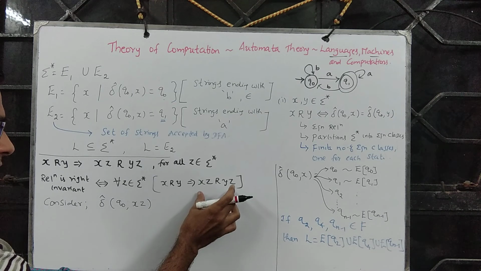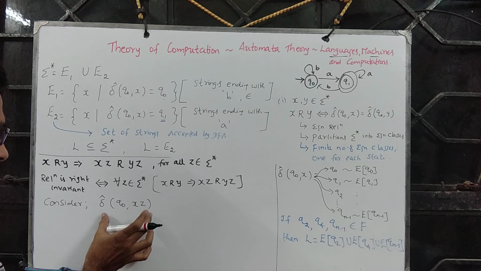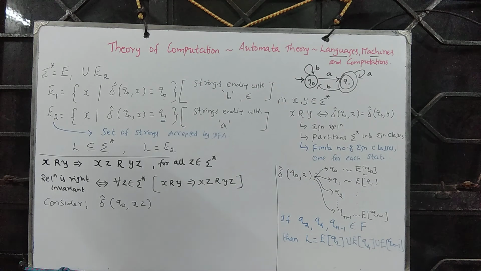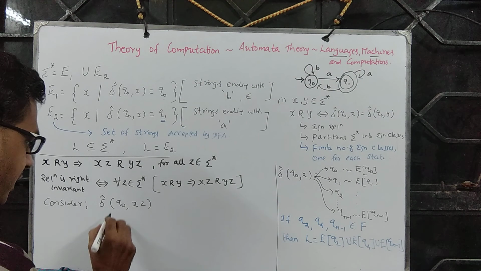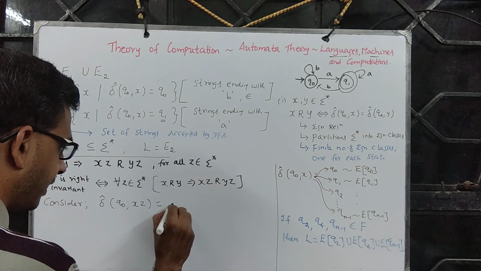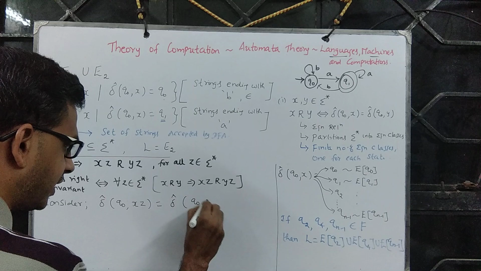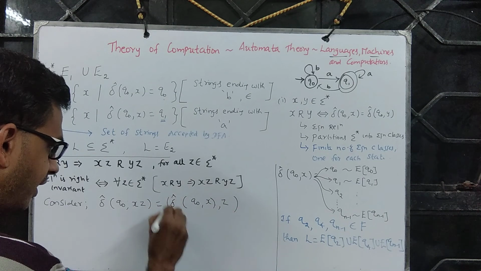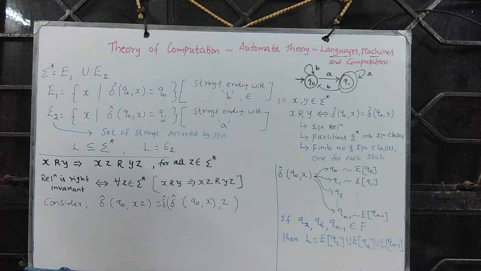We need to show that delta cap of q naught comma xz equals delta cap of q naught comma yz. So this can be rewritten as delta cap of q naught comma x comma z, and now for this we operate one more delta cap.